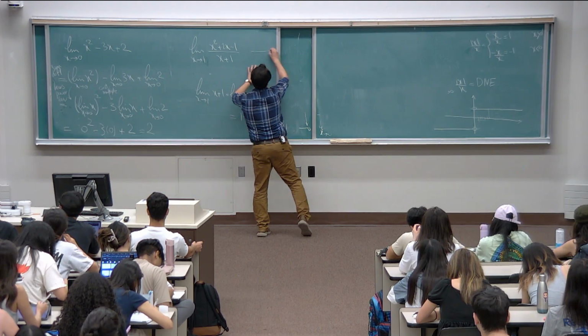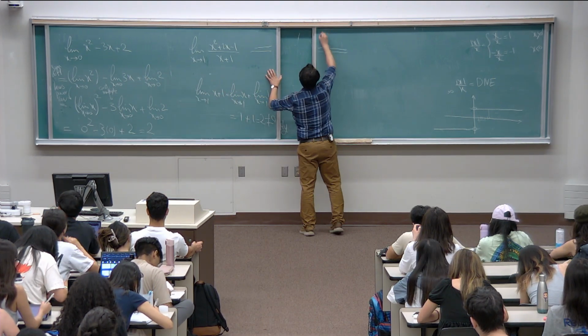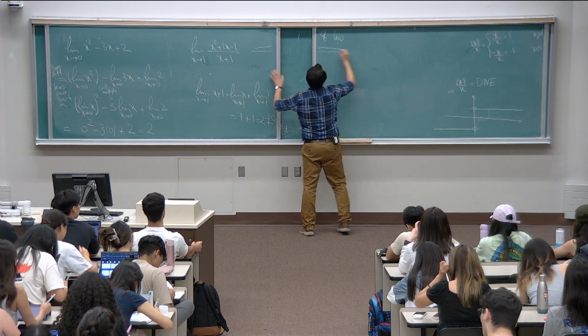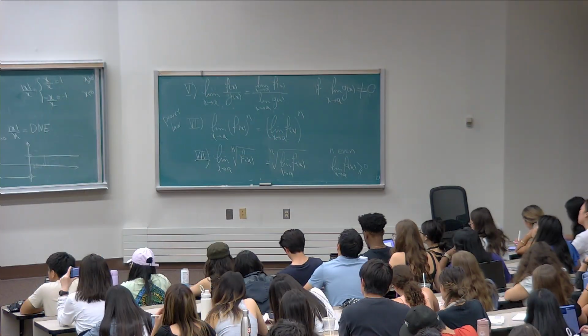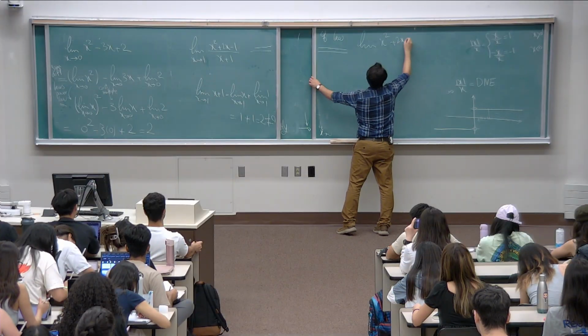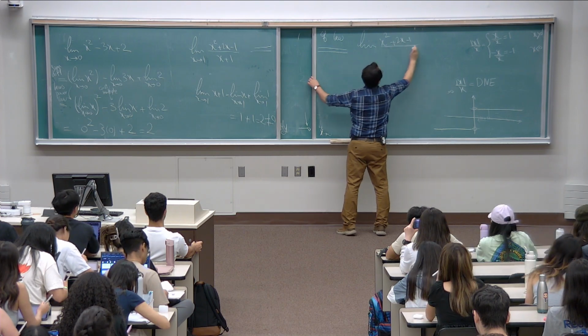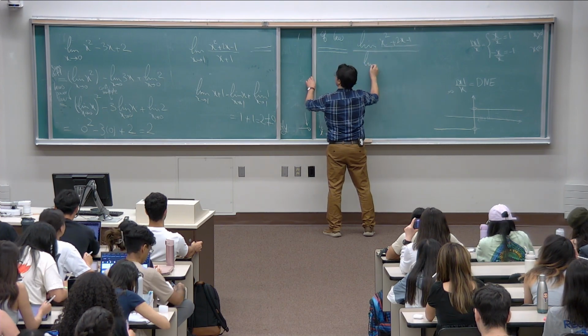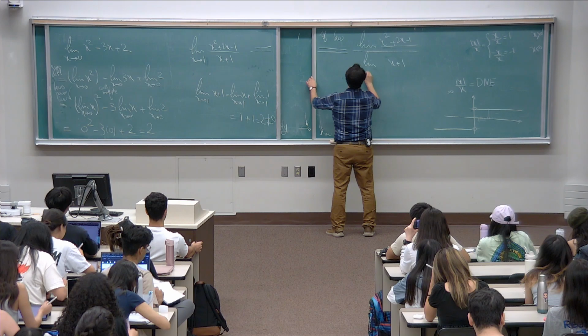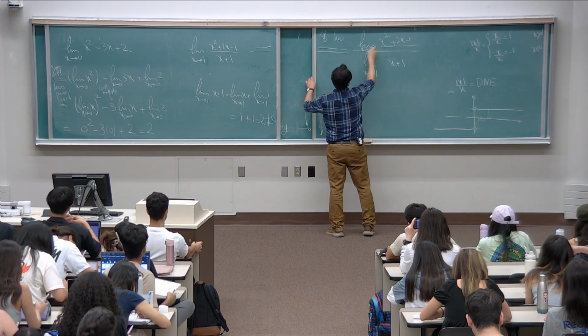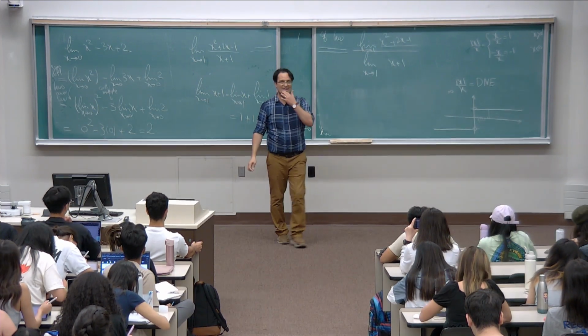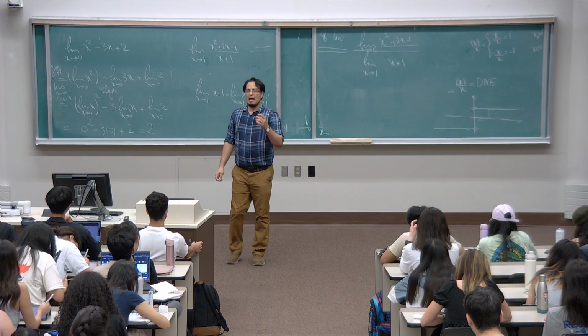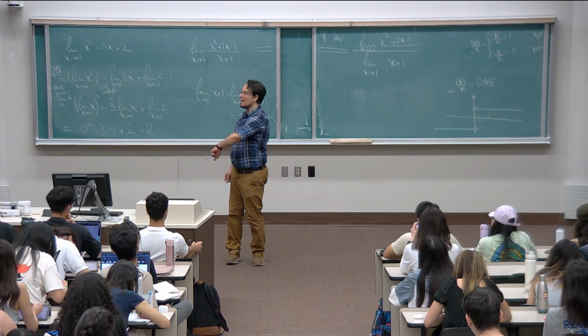So here I will go all the way here. Quotient law, and I can say limit of x squared plus 2x minus 1 over limit of x plus 1 as x approaches 1. And repeat the steps that I have done.